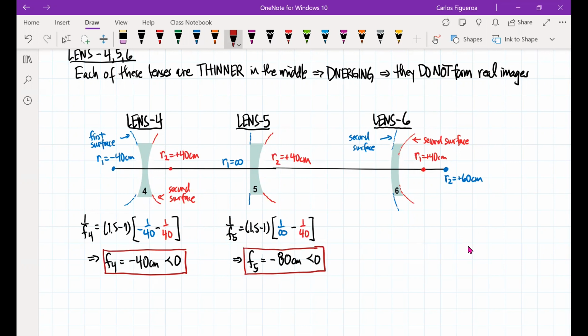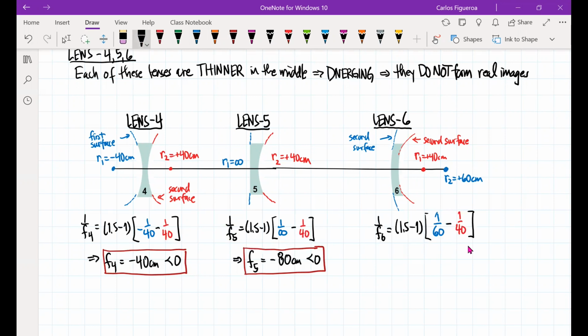And then if I look at lens 6, 1 over f6, again, this is 1.5 minus 1. If I put in my values, I'm going to have 60 over 1 minus 40 into 1.